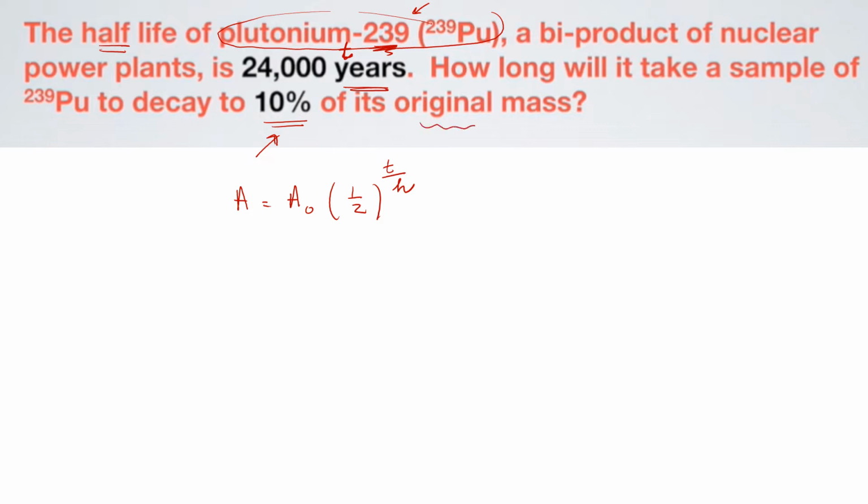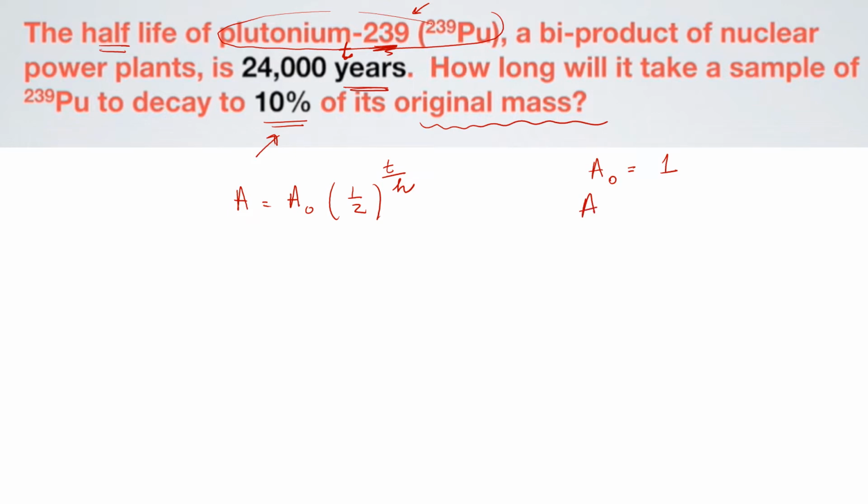They are not giving you the original mass, so you assume it. For example, if I assume my principal amount is 1 pound, what could my final amount be?